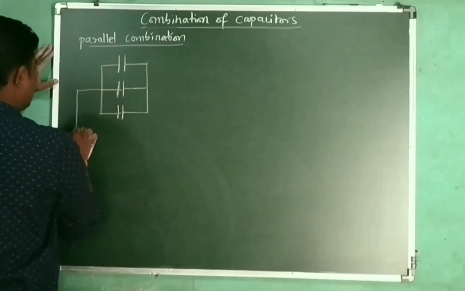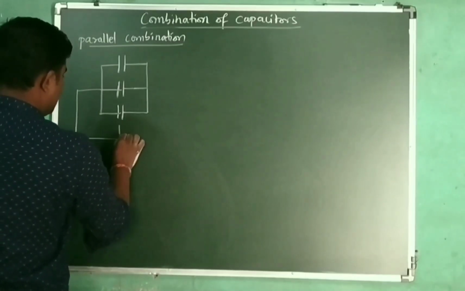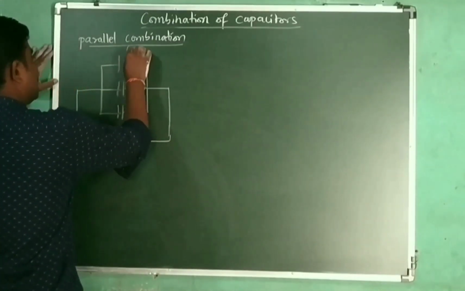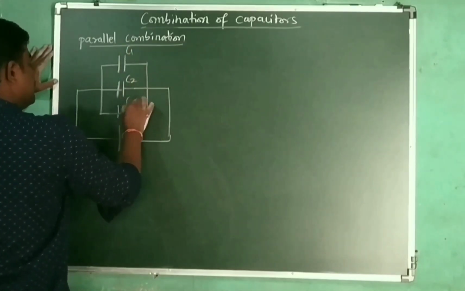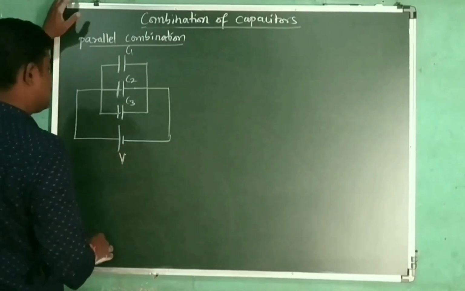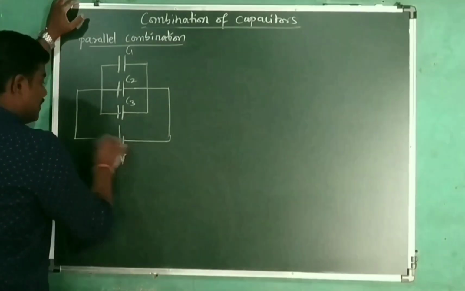And these 3 capacitors are connected to a battery. Let us call them C1, C2, C3, and the voltage or the potential difference across the capacitors is V.